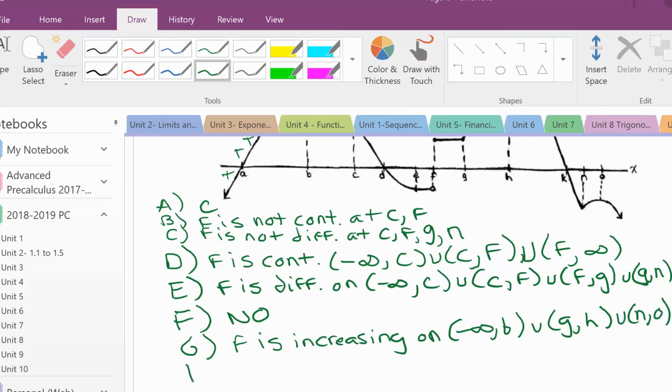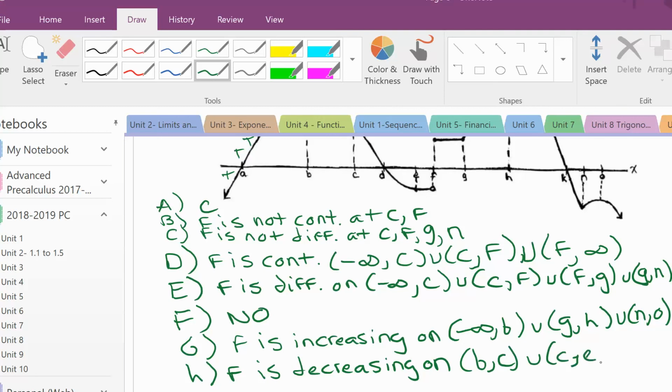And then for part H, it wants to know where the derivative would be negative. Well, that's where the function is decreasing. And it's decreasing from B to C, C to E, H to N, and O to infinity.